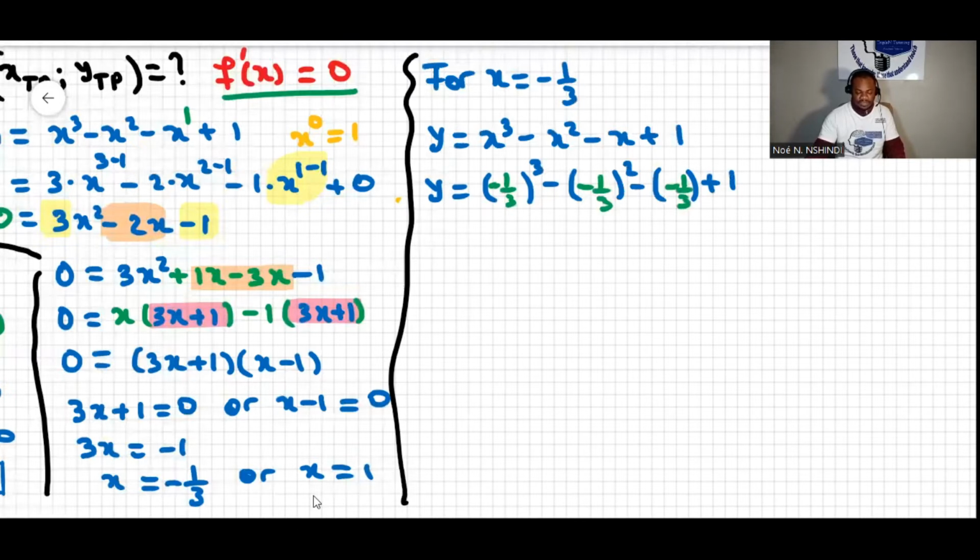And now let's use a calculator for that. We can just work it out. That makes -1/27, and then negative 1/9, because what is in the brackets here will be positive, but with a negative here, still negative again. And then here it makes +1/3, and then +1.